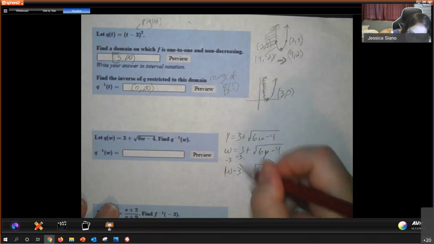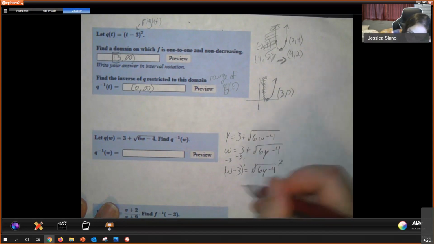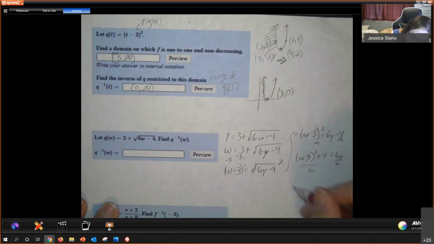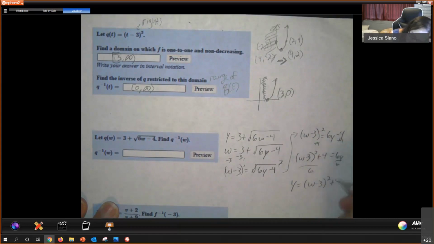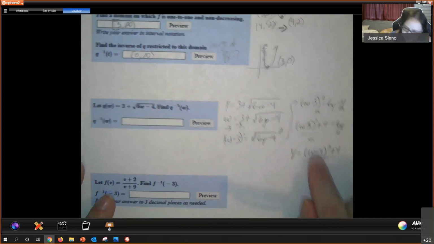Then I'm going to square both sides. I'm going to put this up here. Then let's add the 4. Divided by the 6. And so this is your inverse.